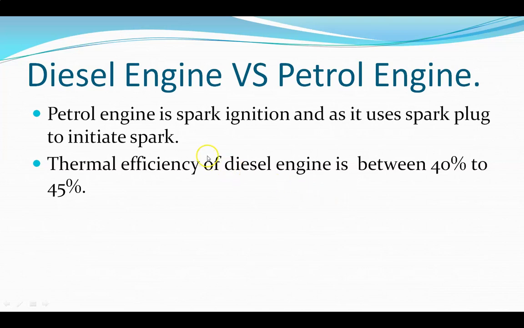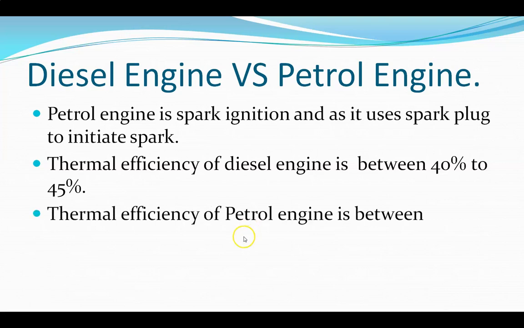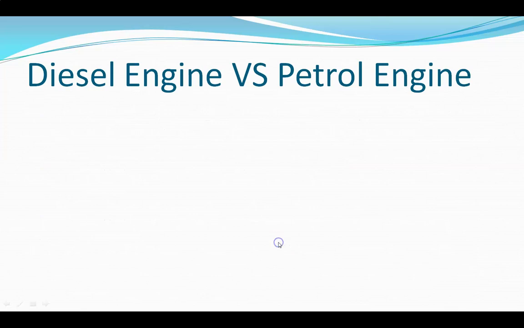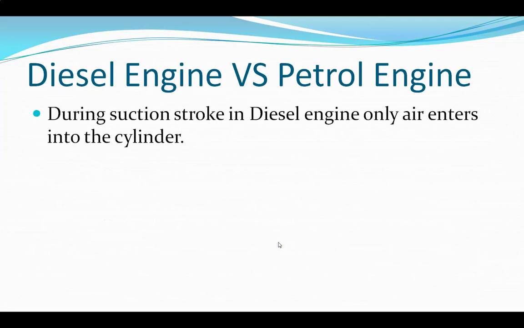So of the heat energy supplied to the machine, 40% to 45% is converted to mechanical energy that is used to perform mechanical work. Thermal efficiency of a petrol engine is between 25 to 30%. As you can see, that of the diesel engine is higher.